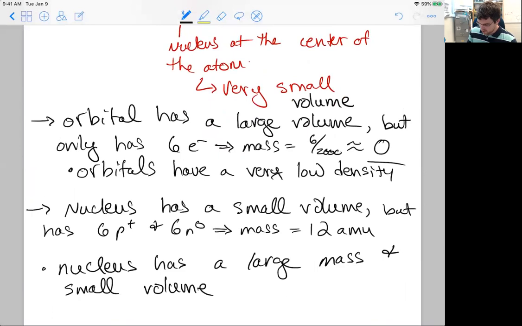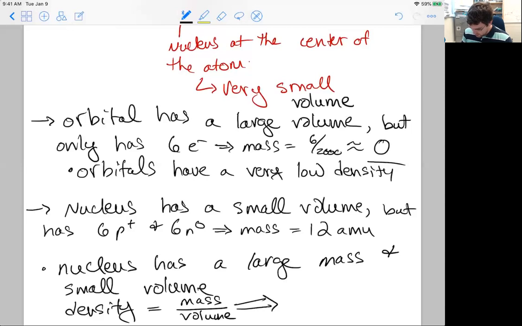I've alluded to this twice now, but let's get back to the definition of density. Density is equal to mass over volume. We discussed that in the first lecture, mass over volume. So with this in mind, if our mass goes really high, as in the case of our nucleus, we've put all of the massive subatomic particles in the nucleus.